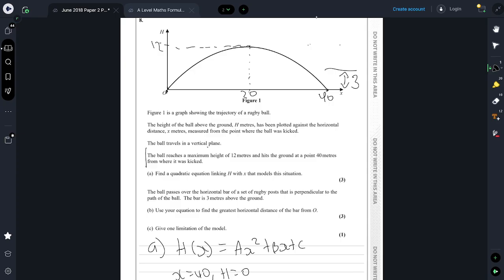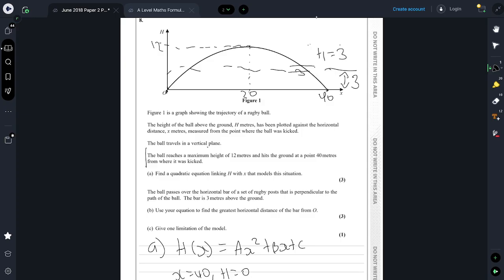Essentially, the ball's going to have to cross over 3. And if you imagine a straight line like this, it's going to cross the H when H is 3, right?